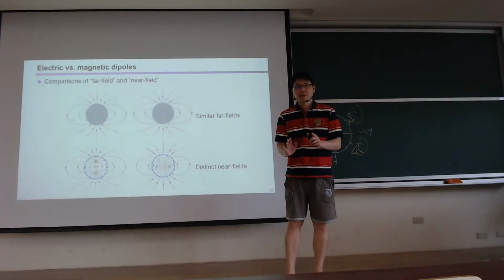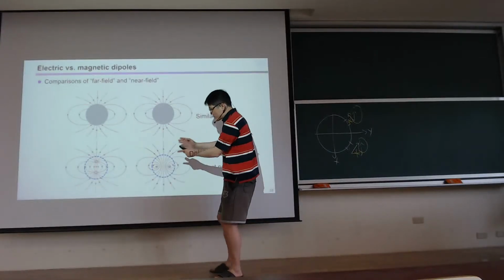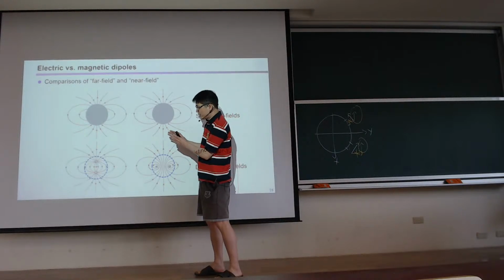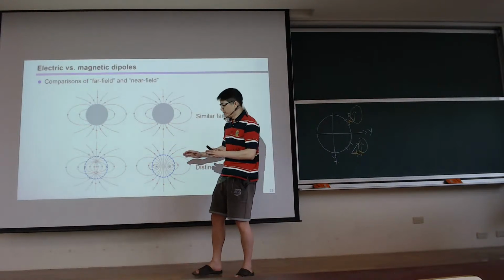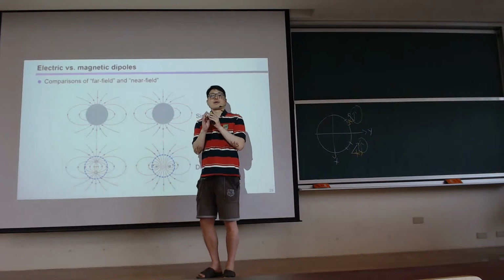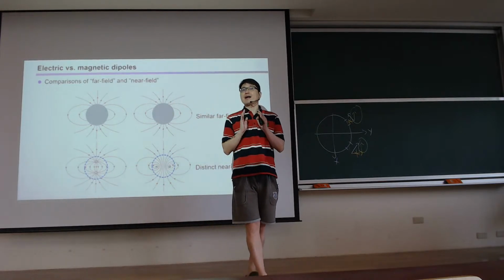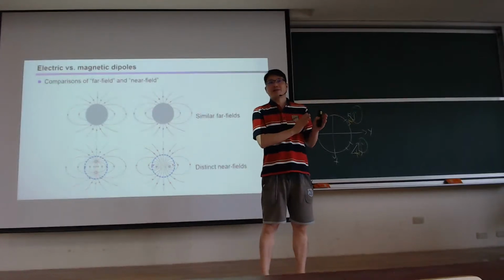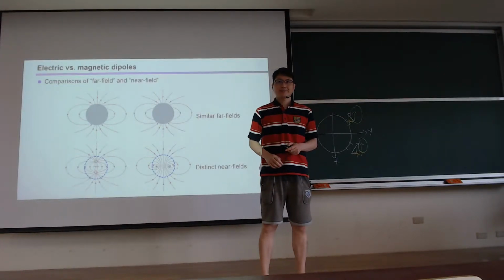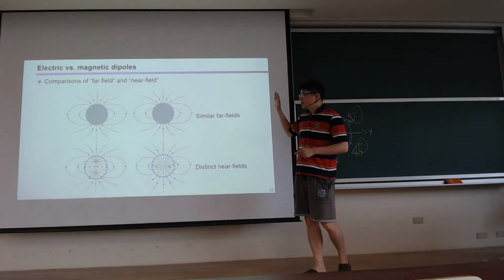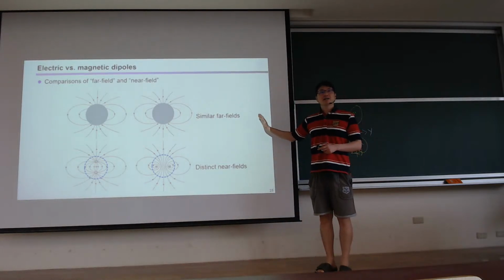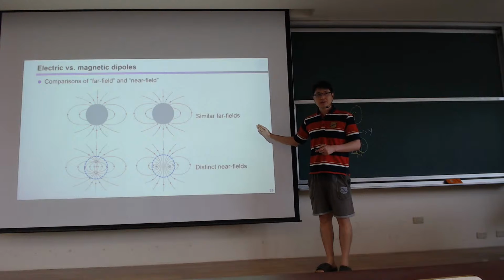So indeed, even though their construction might be very different and the near field patterns are very distinct, in the far field you cannot distinguish one from the other. So for that, I'm going to conclude the first part of magnetic fields.